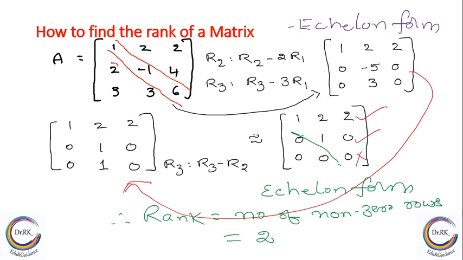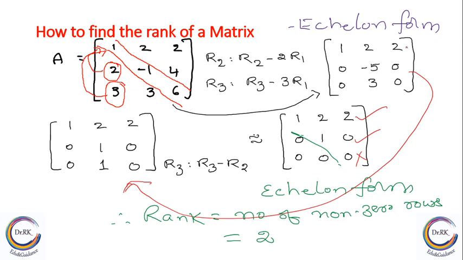First we try to make these elements zeros. What are the operations? R2 minus 2R1 and R3 minus 3R1.